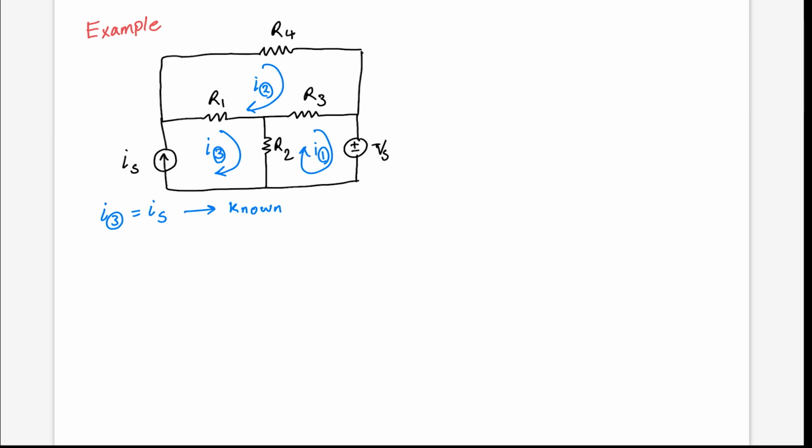So we would have 2 equations. Therefore, we need to write 2 KVL equations. KVL at mesh 1 will be R2 times I1 minus IS, plus R3 times I1 minus I2, plus Vs equal to 0.